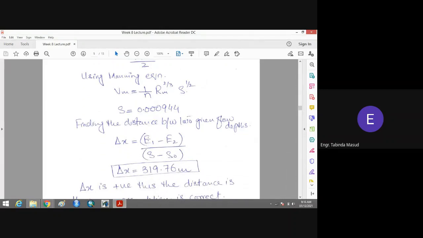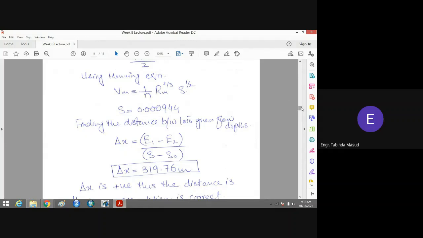We have found the value of E1, we have found the value of E2 and also S, and S naught is given. Okay, so putting all the values we will get this result, 319.76 meter. It is approximately 320 meters.